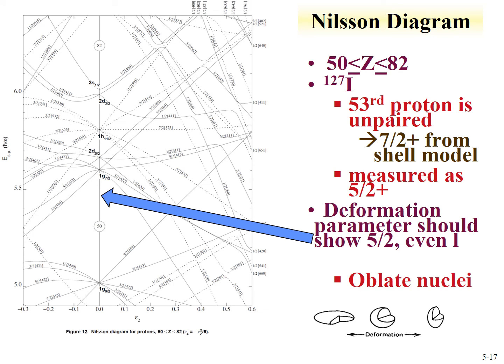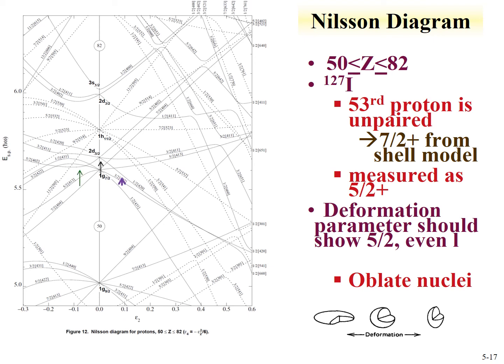It has 53 protons. That's the unpaired. From the shell model, we would expect the spin to be 7/2, the parity to be plus. The measured spin and parity for iodine 127 is 5/2 plus. So the deformation parameter should show 5/2 with an even L value.